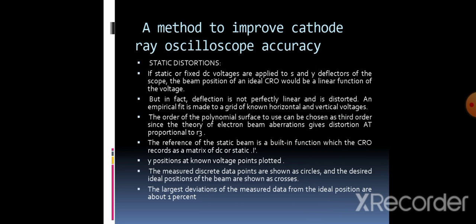The order of the polynomial surface can be chosen as third order, since the theory of electron beam aberration gives a distortion proportional to R cubed.